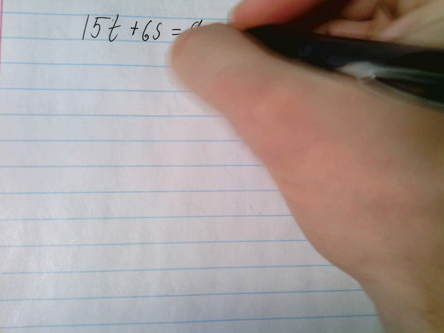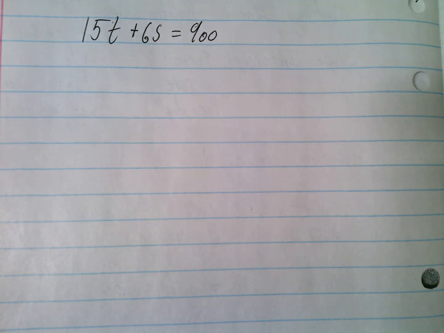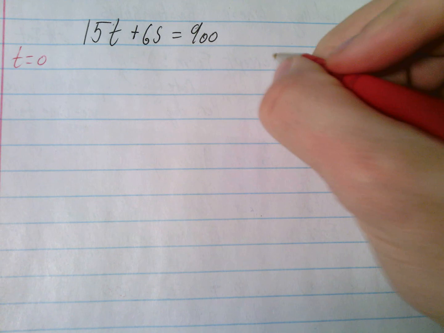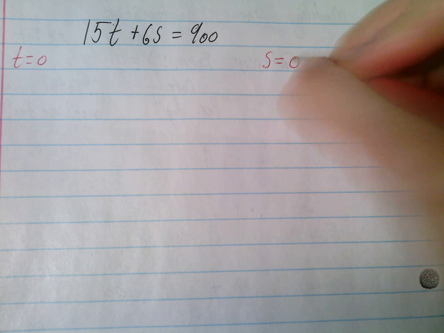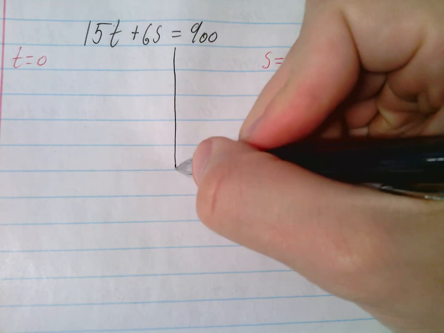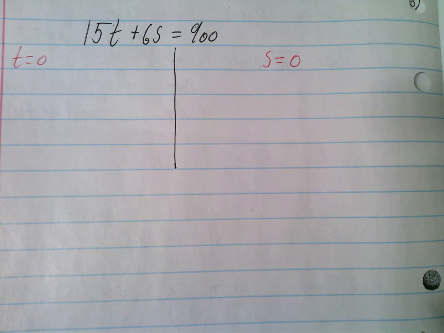And eventually I'm going to plug in 0 for both. So let's say on this side that I make t 0, and over here I'm going to say s is 0. And then I can split it and work two things at the same time.